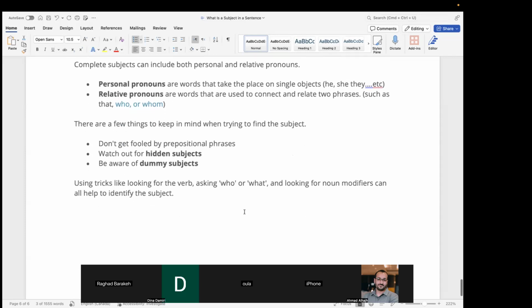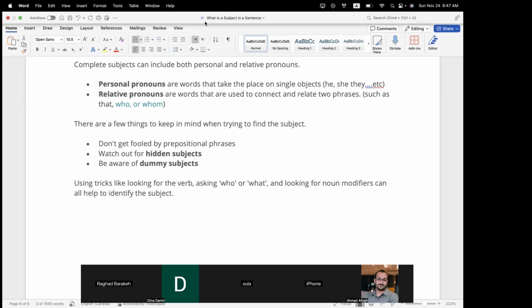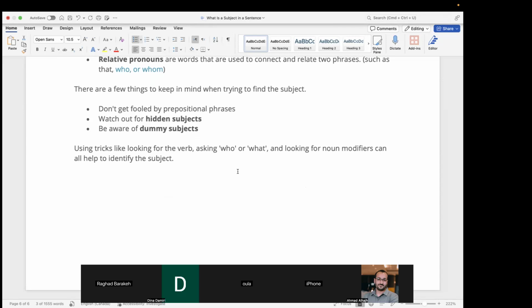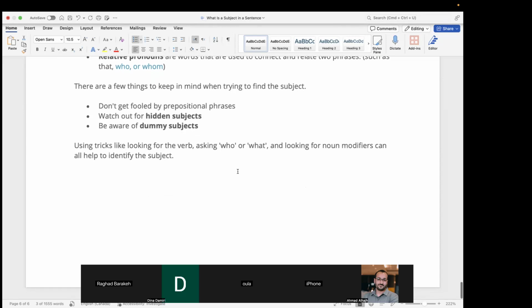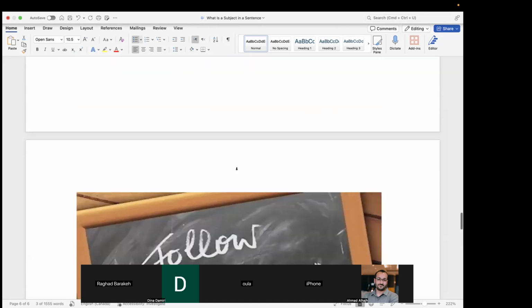There are a few things to keep in mind when trying to find the subject. Don't get fooled by prepositional phrases which hide the subject. Be aware of the dummy subject. Correct. Using tricks like looking for the verb, asking who or what, and looking for noun modifiers can all help to identify the subject.